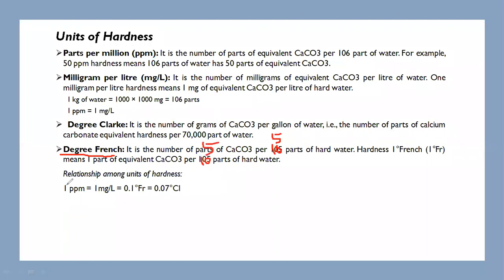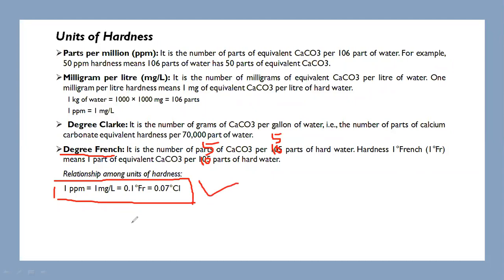Now, what is the relationship between these units? Remember this. 1 ppm is equal to 1 milligram per liter, which is equal to 0.1 degree French, and which is equal to 0.07 degree Clark.